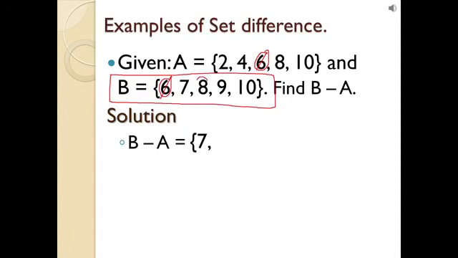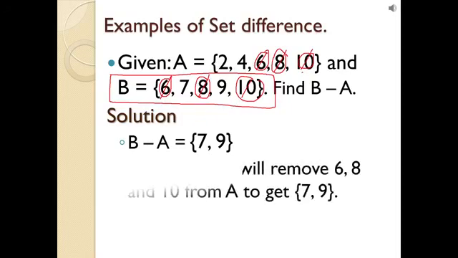The number 8 is not included because the number 8 is found in A. You subtract that. You write the number 9. And the number 10 is being subtracted in the set. There you go. The answer is simply 7 and 9. Remove 6, 8, and 10.